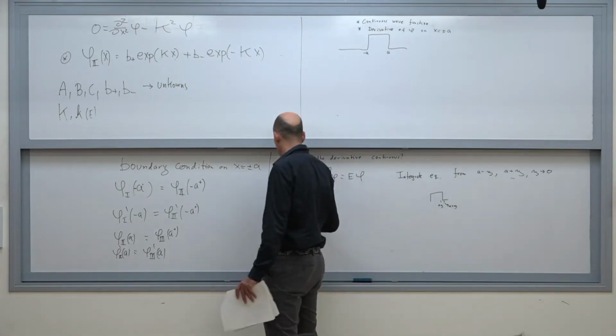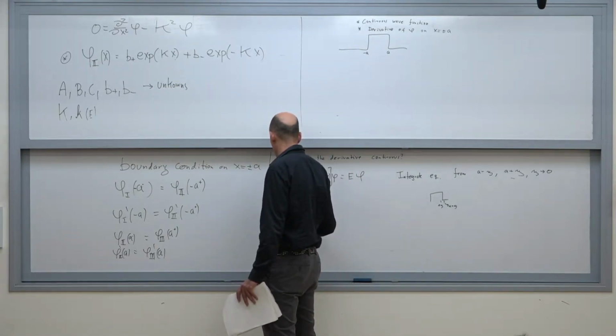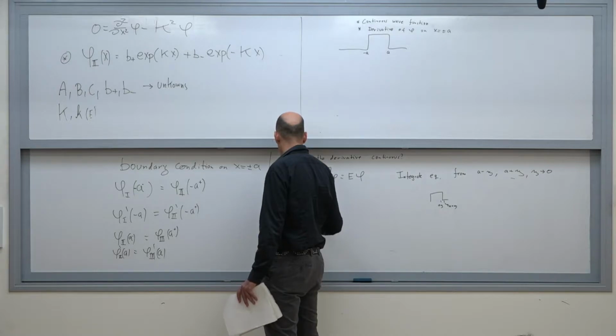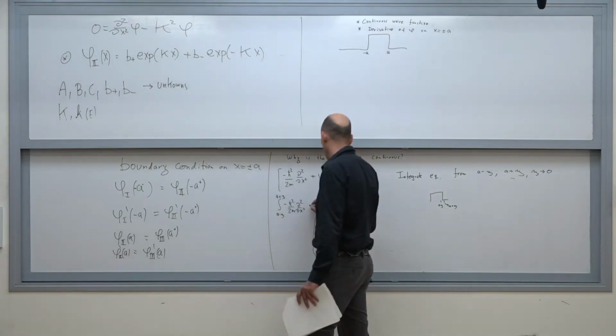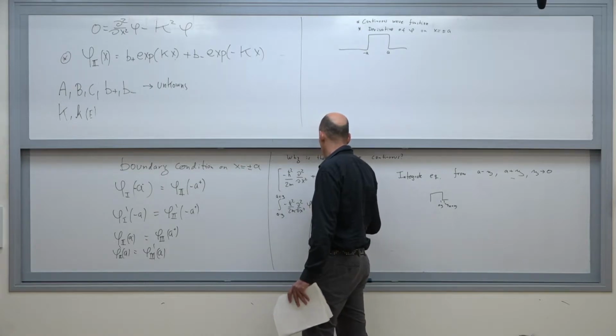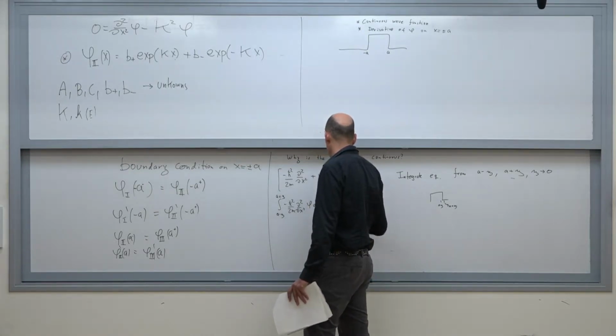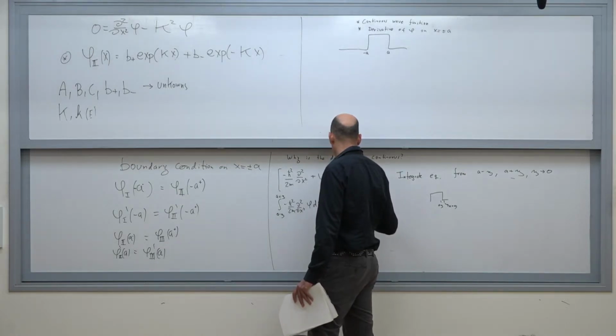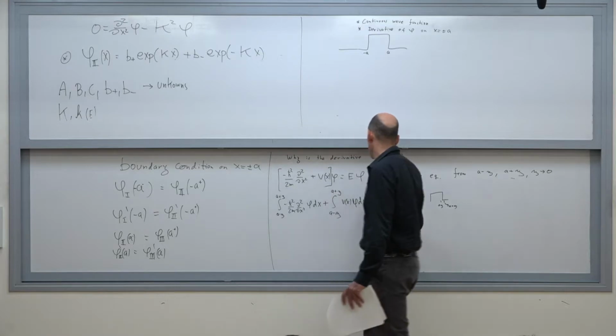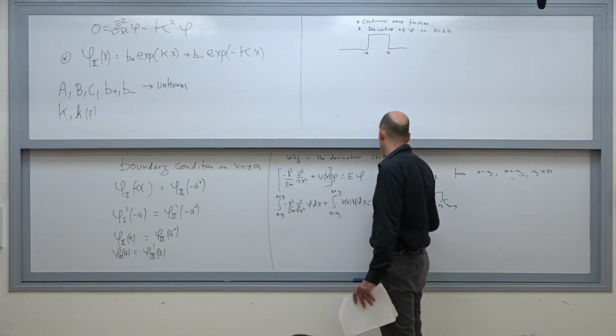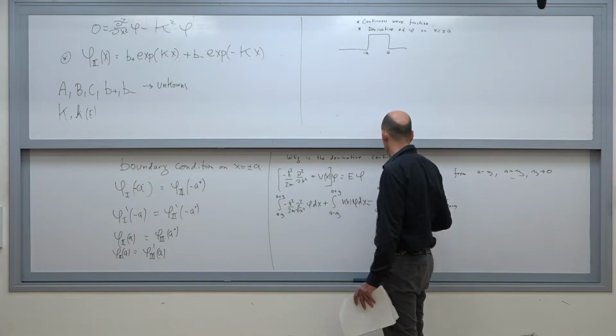So when I do that, I have the integral from a minus eta to a plus eta of minus h bar squared over 2m d squared phi dx squared dx, plus the integral from a minus eta to a plus eta of V of x times phi dx, equal to the integral from a minus eta to a plus eta of E phi of x dx.